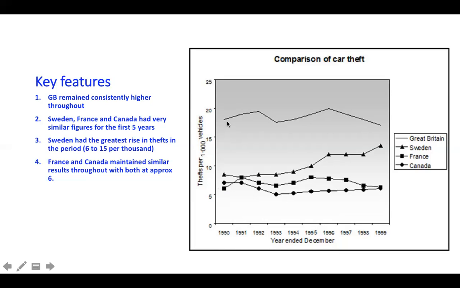Great Britain rose in 1990 to approximately 1992 to approximately 20, and then it fell, and then it went up again, and you don't have time for that at all in the exam. And it's not what the examiner is looking for. They just want you to report the main key features of the graph. So keep that in your mind.